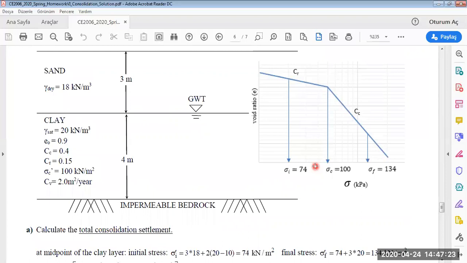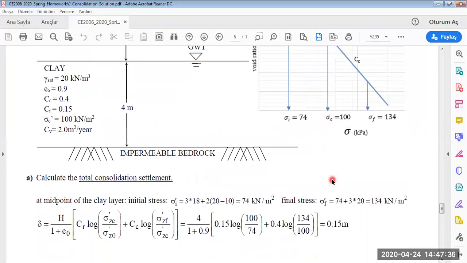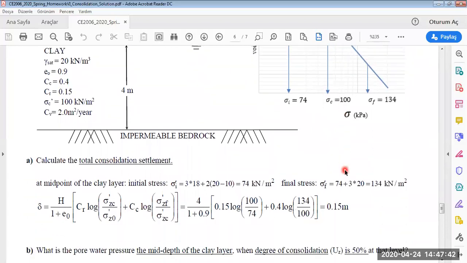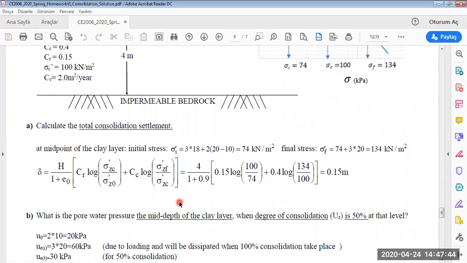For the consolidation settlement problems, you have to draw these graphs. You have to see the level of stresses, if they are bigger or smaller than the pre-consolidation pressure. So we see that we will use both of these coefficients, and so we will use this formulation.